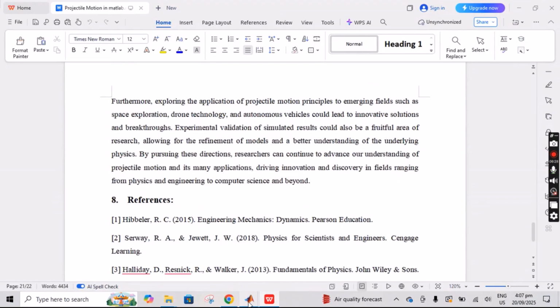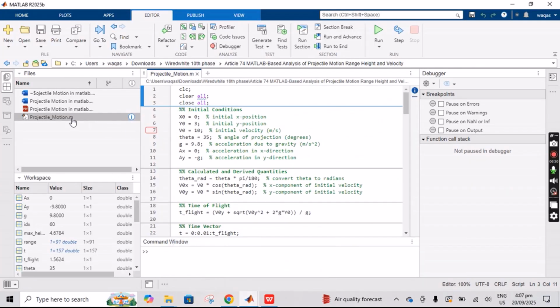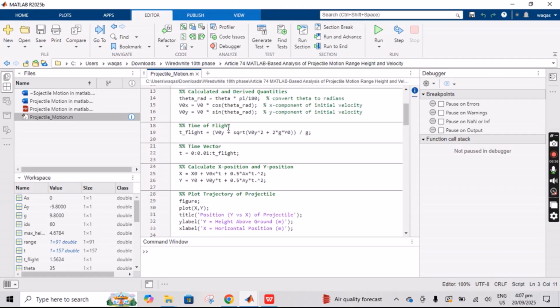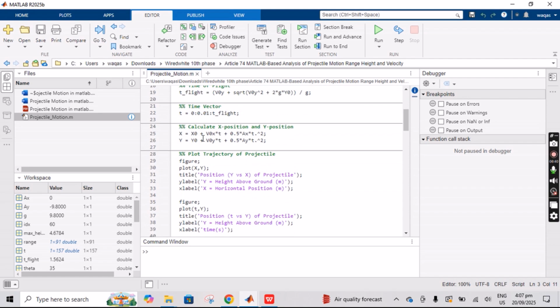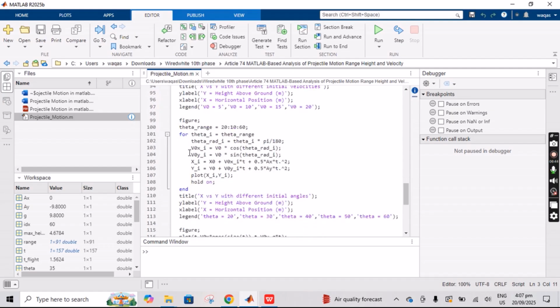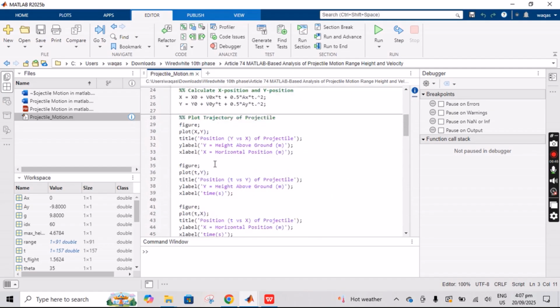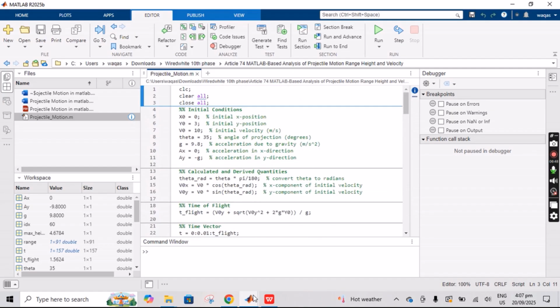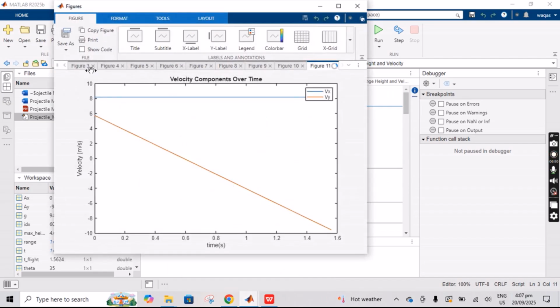This is the MATLAB code I have added, with the initial conditions, calculations using the derived equations, time of flight, and time vector, including the trajectory plots. Let me run it and we get the outputs like this.